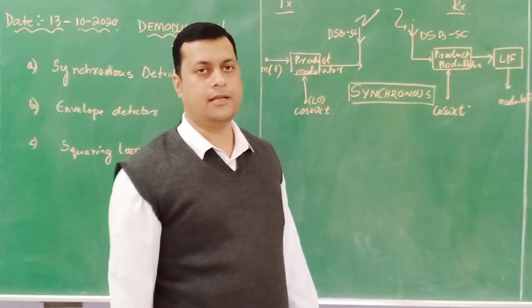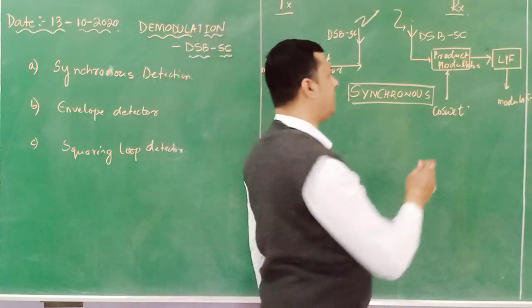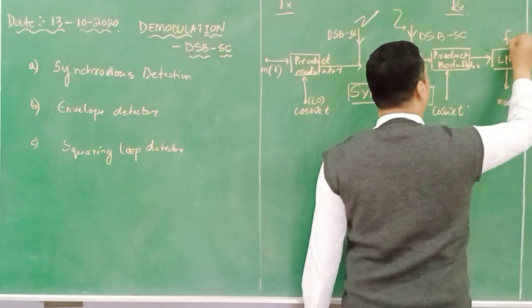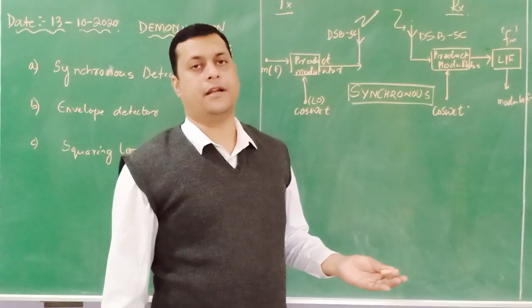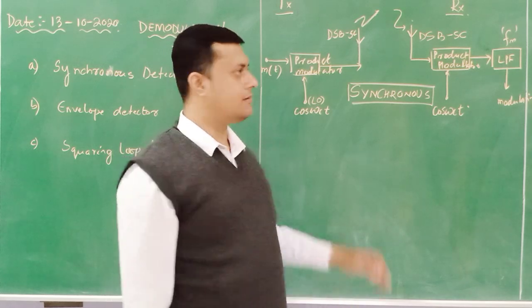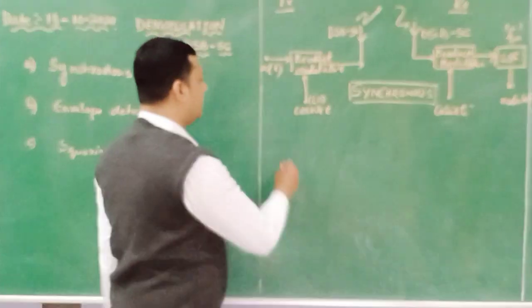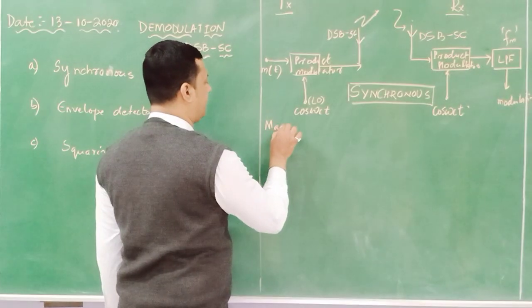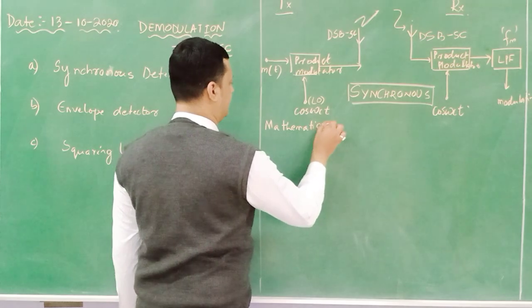The low pass filter will only pass the modulating frequency, and the higher components are suppressed. So this is the basic logic behind your synchronous detection. Now this logic we need to express with the help of mathematical analysis.